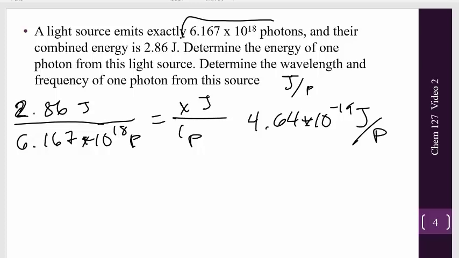Okay, so now that we have that, we can determine the wavelength and frequency. What we know is the energy of a photon is related to Planck's constant and the speed of light over the wavelength. I'm just going to start from here because it asks for the wavelength first. But there's more than one way to get to the wavelength and frequency, and all ways will give you the same answer as long as they're done correctly with the appropriate units. So we can first solve for wavelength.